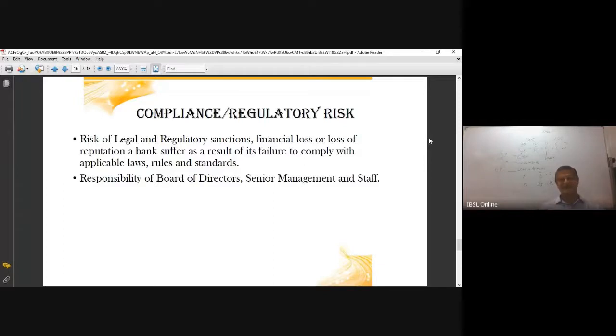Therefore, we make sure the risk management functions of the bank go integratedly, and integratedly means you are abiding by the directions given by the regulator, because that particular direction is the integrated risk management framework for licensed commercial banks.